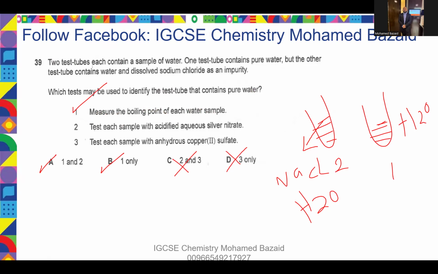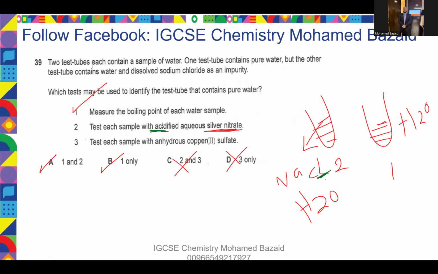Test each sample with acidified aqueous silver nitrate. Yes, I can do that. Why? Because in test tube 2, there is sodium chloride, so you have chloride. And this is a test for halide.